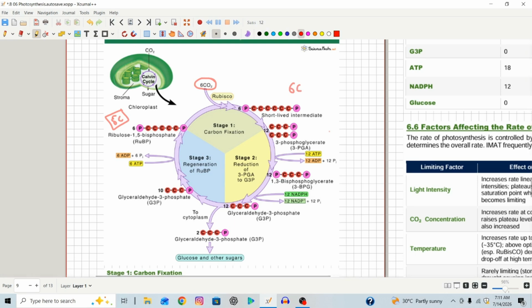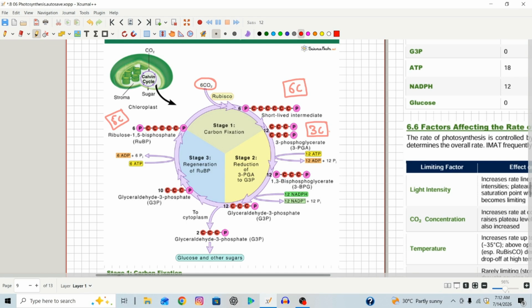First of all, the 6 carbon compound is being made, and immediately this short lived intermediate compound will be broken down into 2 molecules of 3 carbon compound, that is 3-phosphoglycerate. This is also called as 3-PGA.